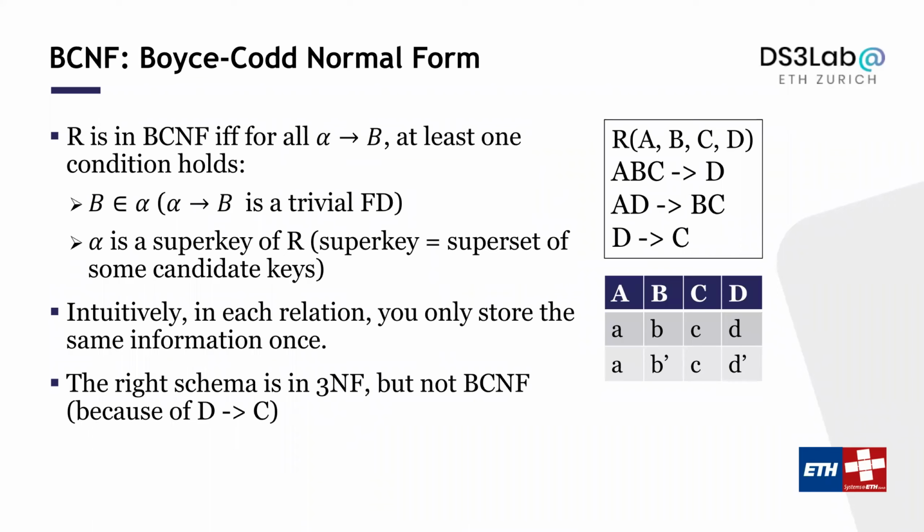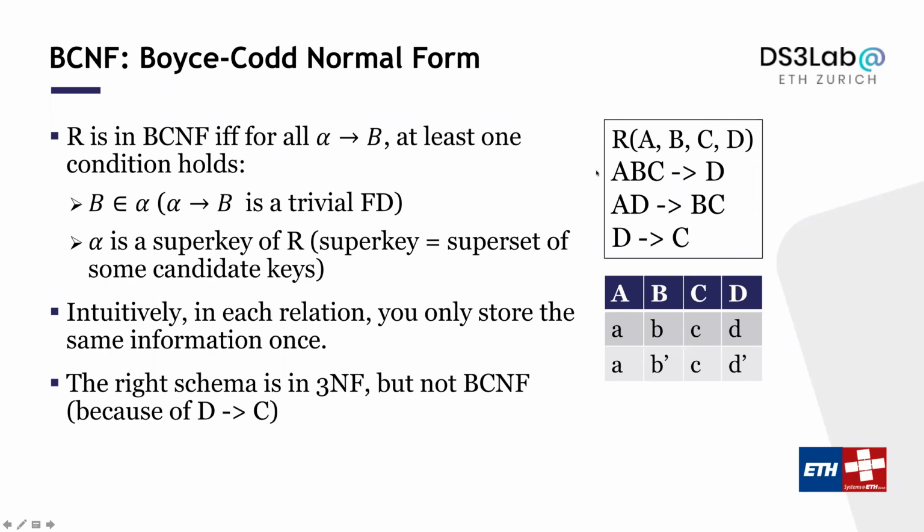So let's look at one example. We have a relation with four attributes A, B, C, D, and we have that ABC decides D. So ABC is a key, and also AD is a key: AD decides BC. And then there's a functional dependency from D to C. This is actually in third normal form.